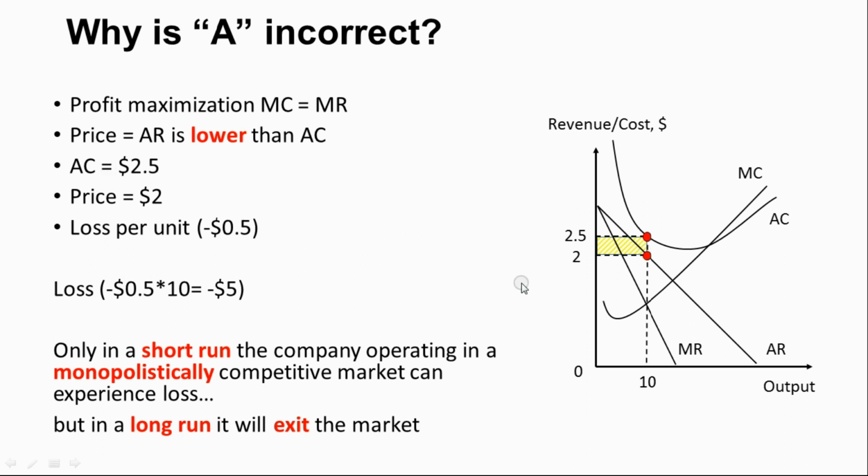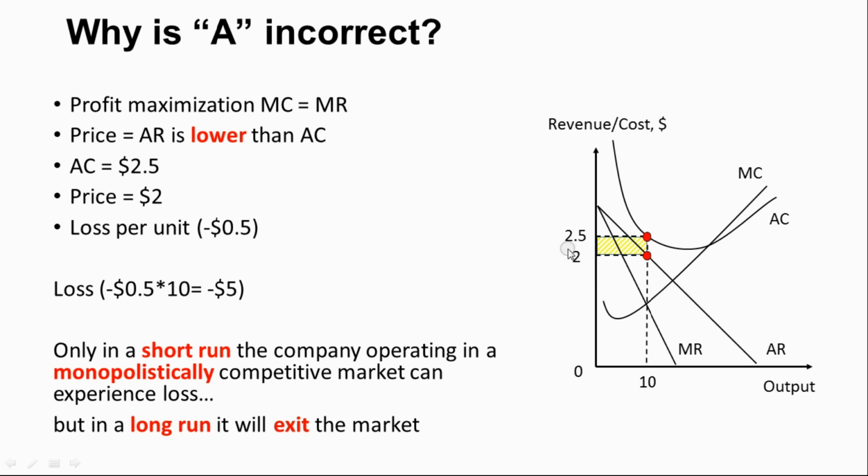The procedure is the same. You take marginal cost and marginal revenue and find the intersection. The intersection is here. Then you go up until you reach your average revenue curve. This is at $2.